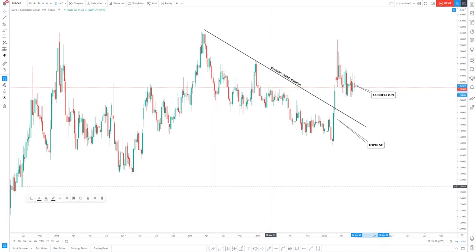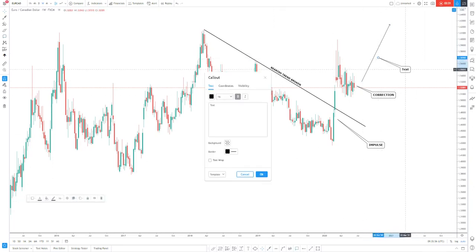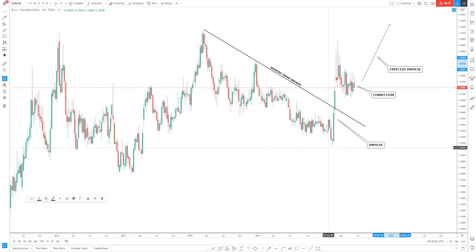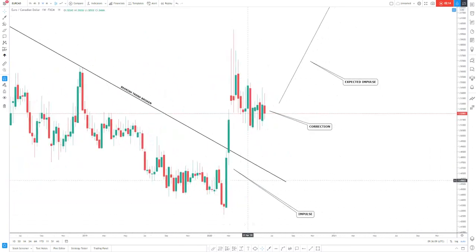So we know price moves in phases, so we have the impulse, correction, and impulse phase. So what I'll be expecting is an impulsive phase to the upside. So this will be my expected impulse. Brilliant. Now with all of this known, let me zoom into price and let's dive down further into it.